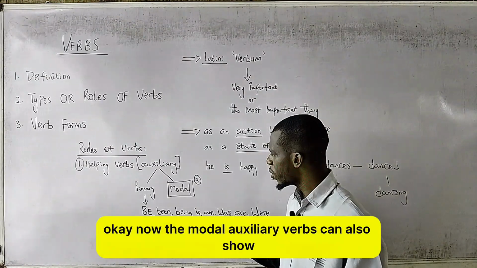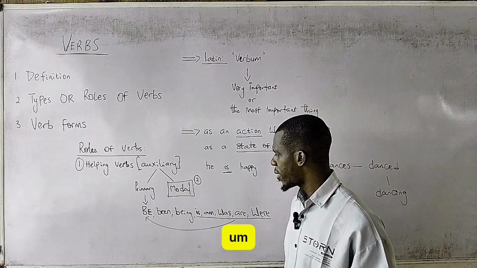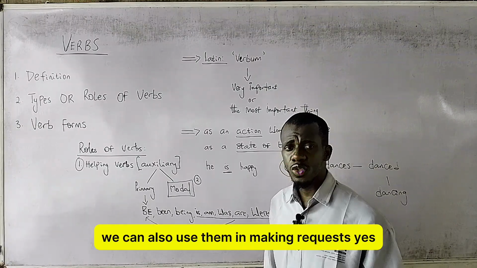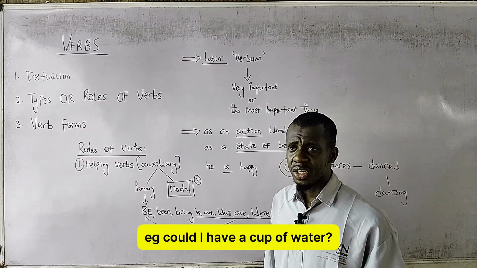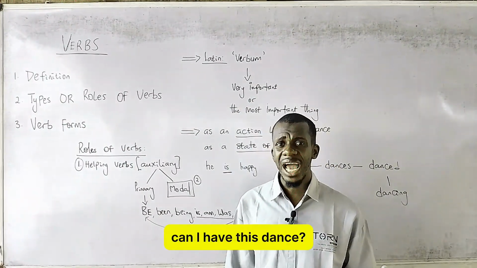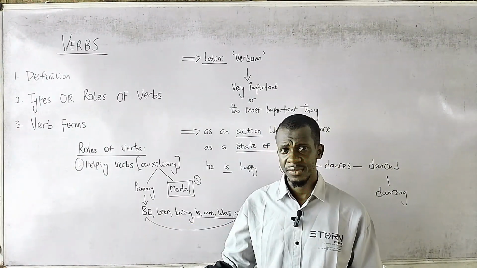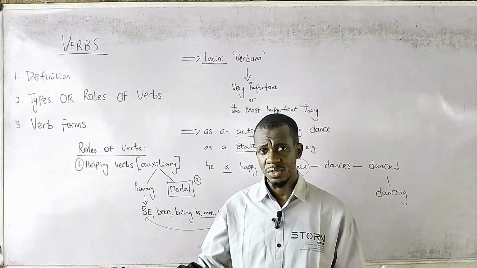Okay. Now, the modal auxiliary verbs can also show, we can also use them in making requests. Yes. E.g., Could I have a cup of water? Can I have this dance? Do you see that now? Will you please shut the door?